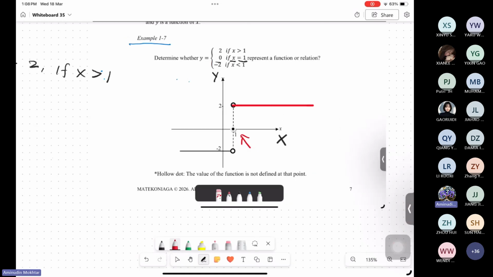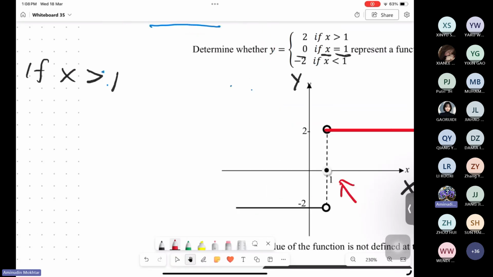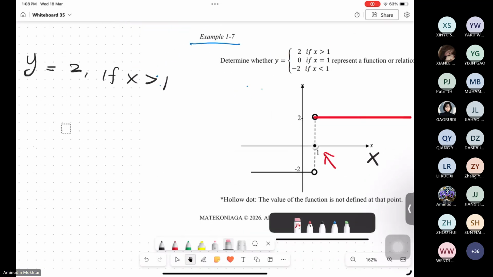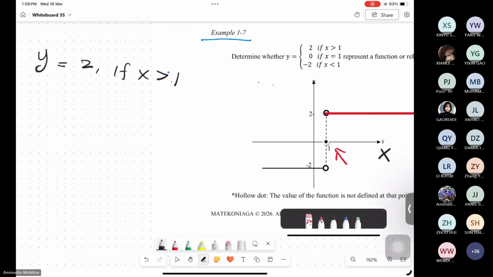Okay, the next one is when x is less than 1. y will equal -2 if x is less than 1.